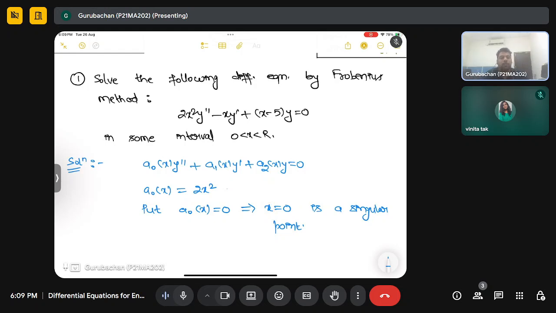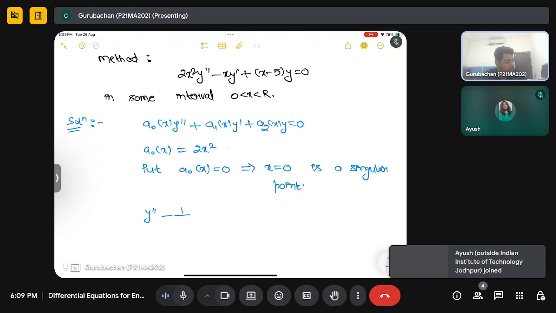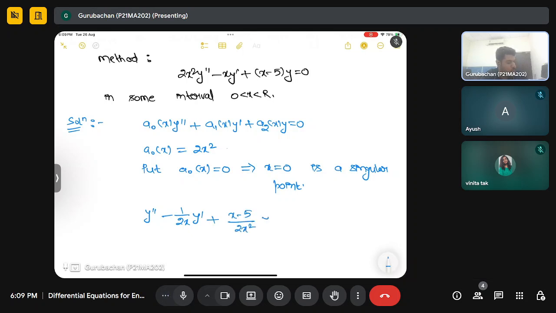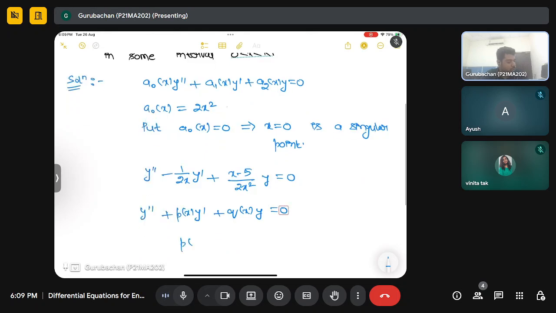Now we have to think about whether it is a regular singular point or an irregular singular point. For that, we rewrite our differential equation as y'' - (1/(2x)) y' + ((x - 5)/(2x^2)) y = 0. Comparing with y'' + p(x) y' + q(x) y = 0, we get p(x) = -1/(2x) and q(x) = (x - 5)/(2x^2).